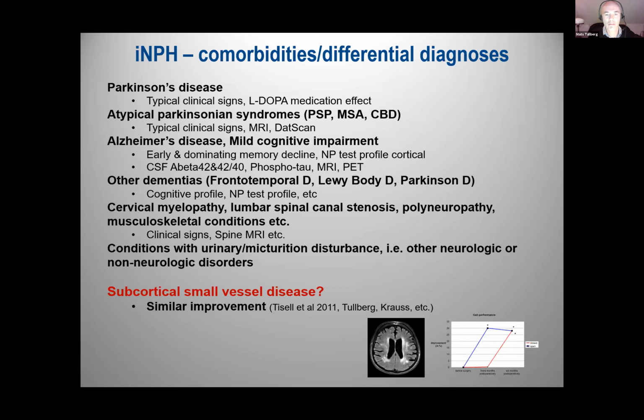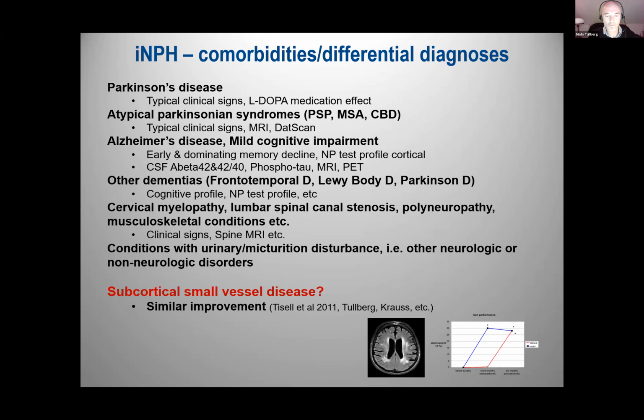There are also other dementias. Again, the cognitive profile and the history is important. For myelopathy or spinal canal stenosis, we have to look for the clinical signs, and again, spinal MRI is quite useful. So if you have a suspicion of any of those disorders, you should probably add a spinal MRI.